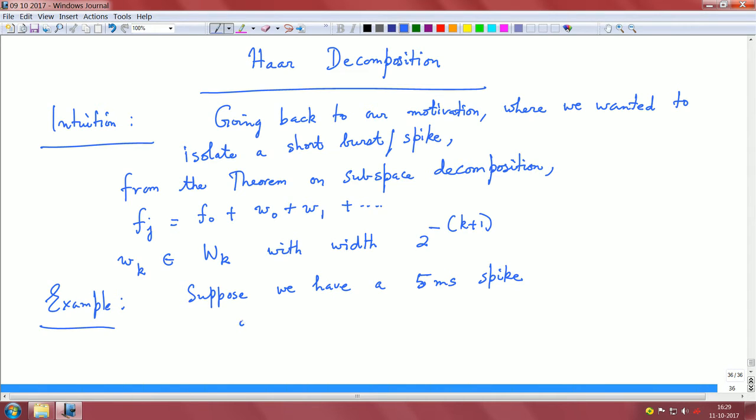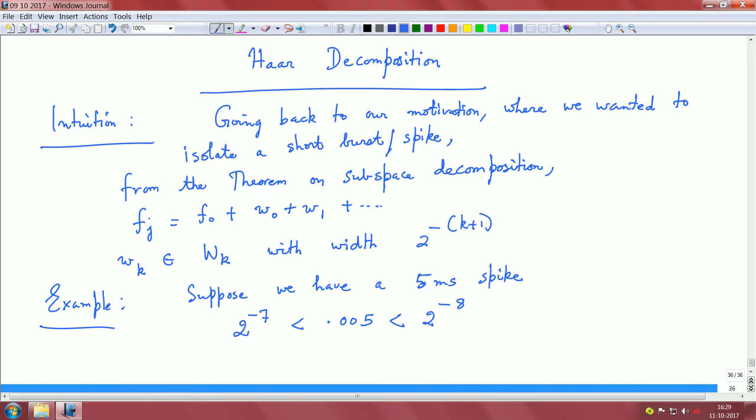then we know that 2 power minus 7 is less than 0.005, is less than 2 power minus 8, and you can choose your scale appropriately to null out the spike, and the resolution in the smallest scale, right, that you would consider in your decomposition would be roughly what your sampling has to be.